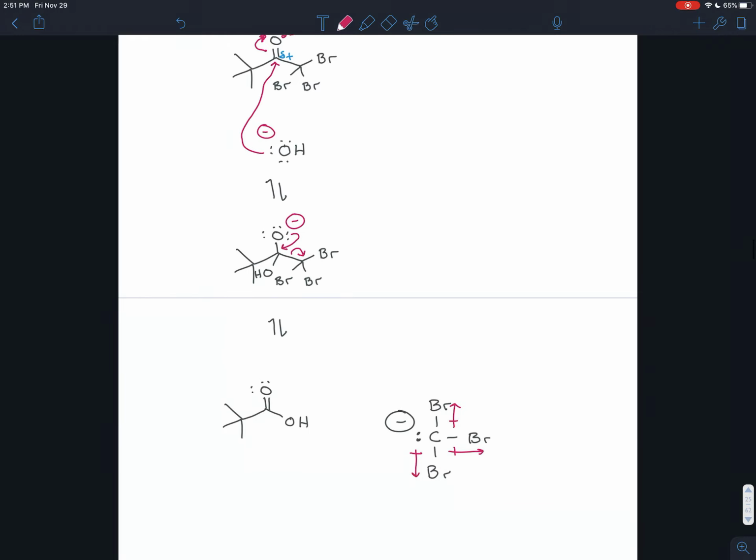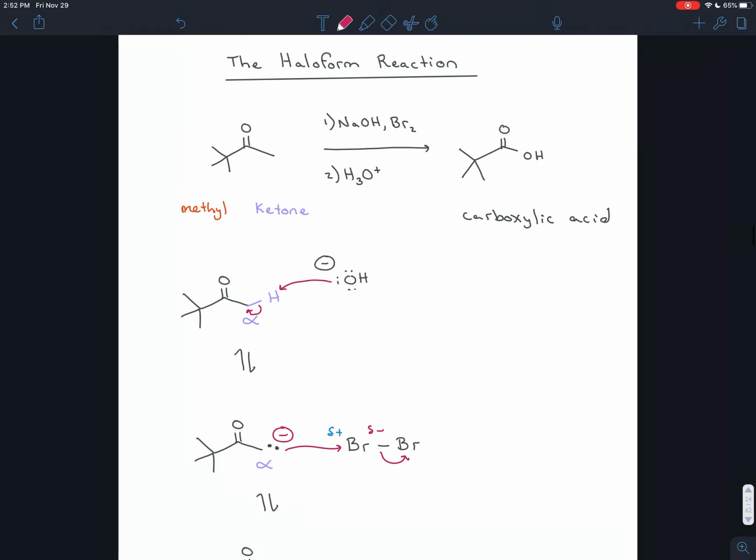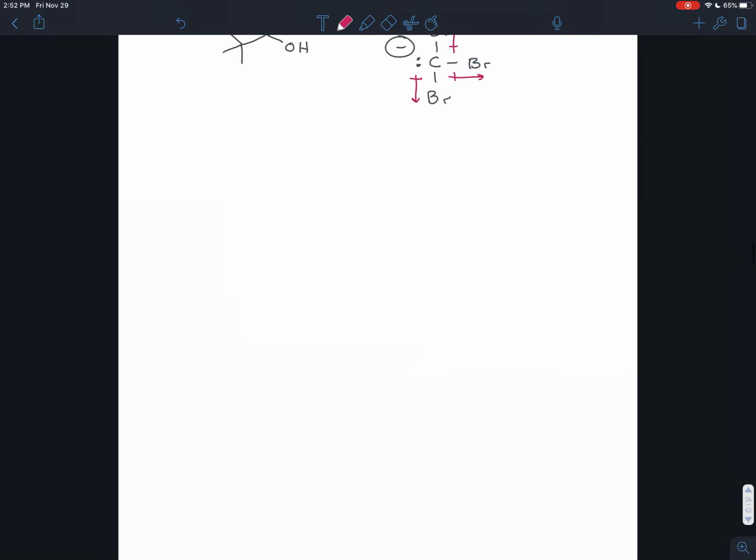And once you have that good leaving group, you can do a nucleophilic acyl substitution. That's effectively what you see here. This is your sort of leaving group. The methyl group ends up turning into your leaving group, and you substitute it with the OH nucleophile. So it's a little bit of really clever magic.